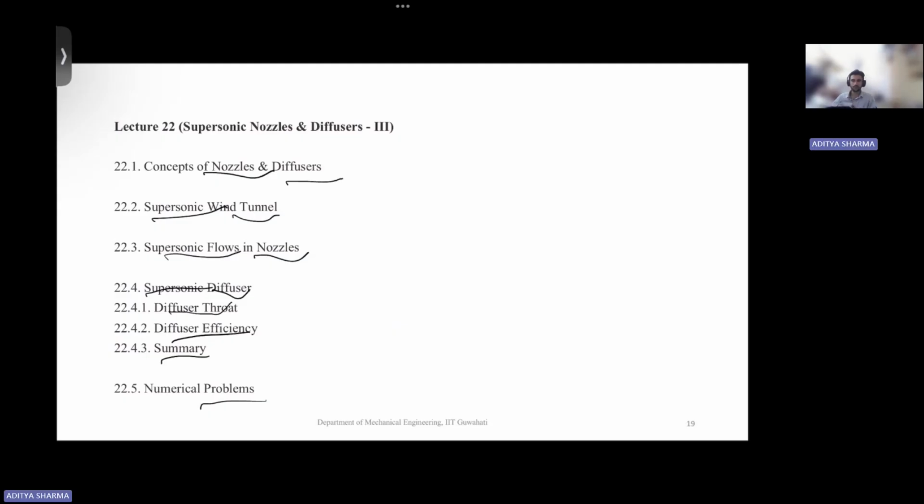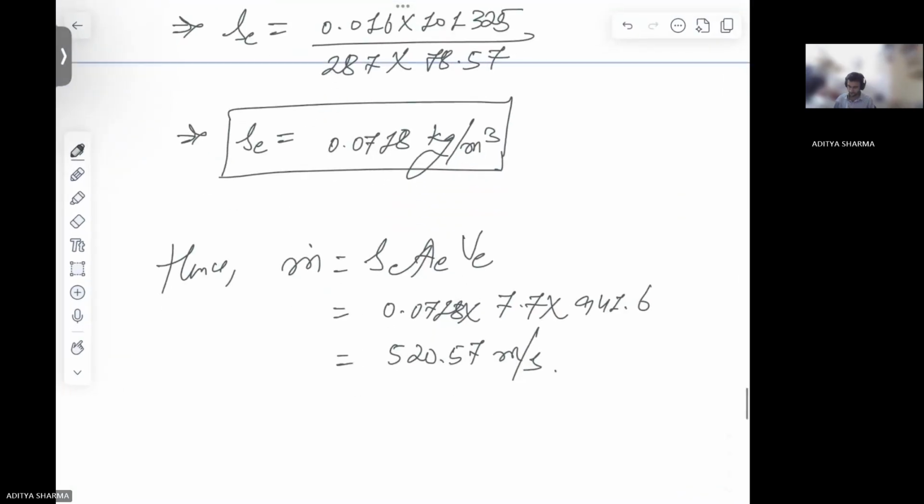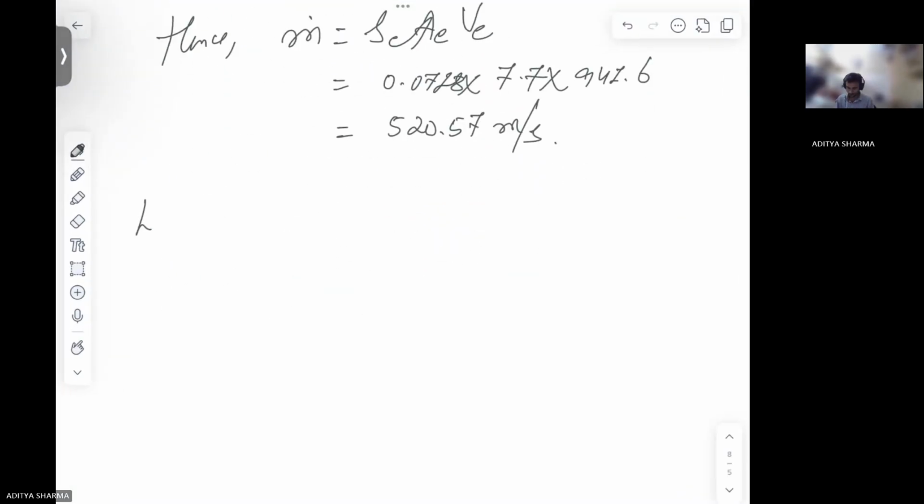So here what do we have? The supersonic wind tunnel, if you see, lecture number 22.